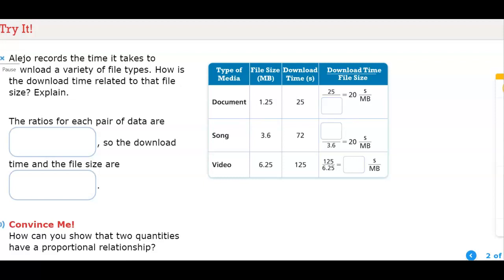Alejo records the time it takes to download a variety of file types. How is the download time related to the file size? Explain. The ratios for each pair of data are, so the download time and the file size are.